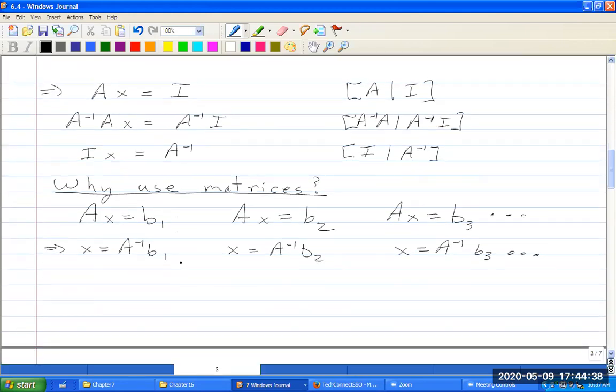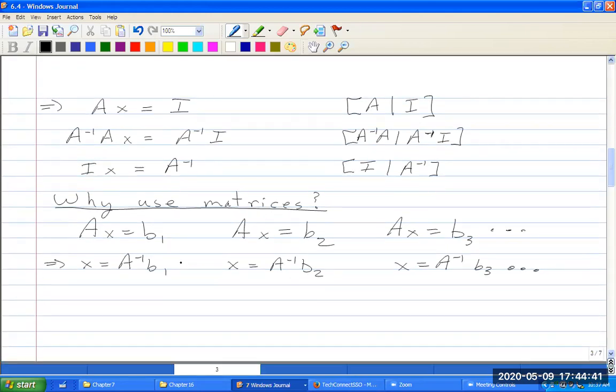Another way of thinking about this is that a technique to determine how to find an inverse for a matrix will be as follows.